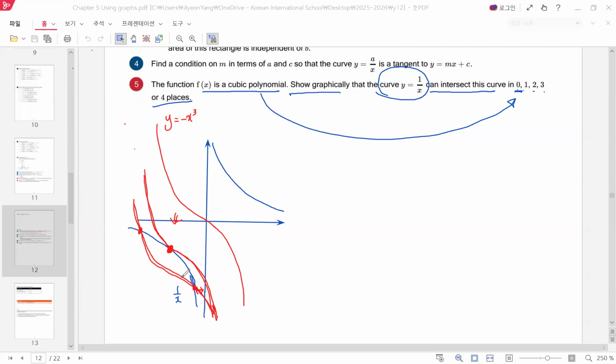Then for 3 intersection points, how can we make it? We can draw the cubic graph with 1, 2, and a tangent, and then 3.